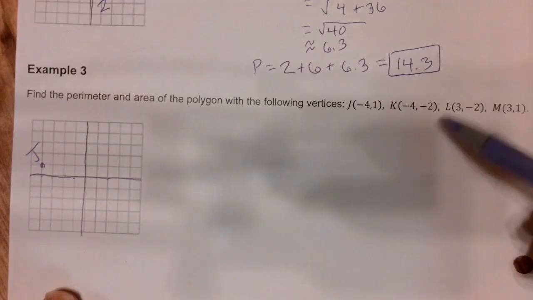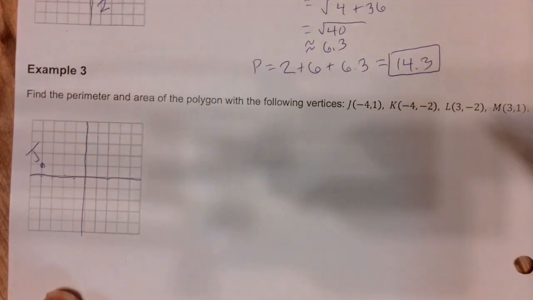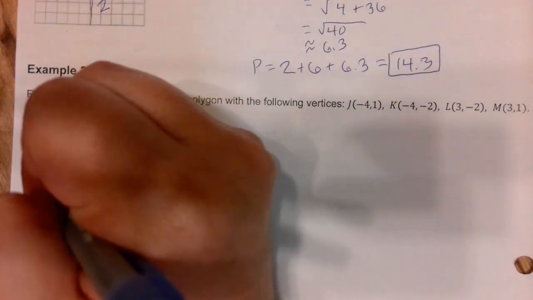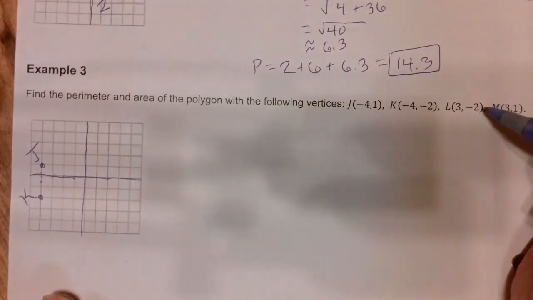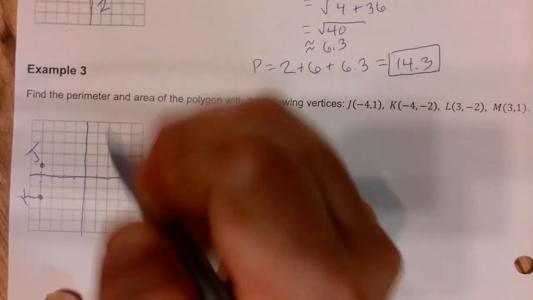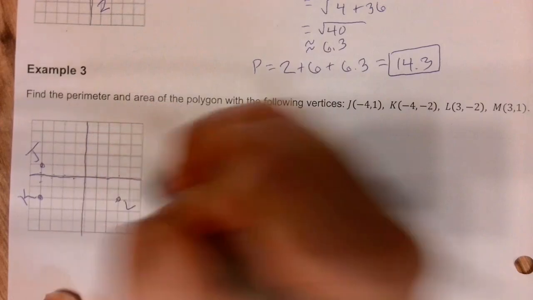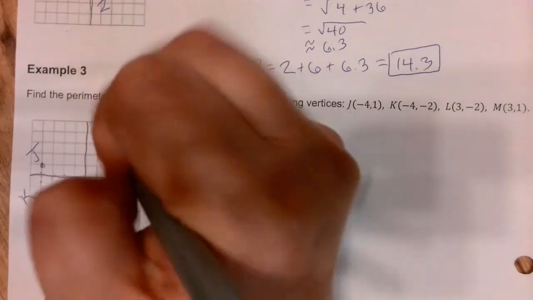K is negative 4, negative 2. That means left 4, down 2. L is 3, negative 2. That means right 3, down 2. And M is 3, 1. So that means right 3, up 1.